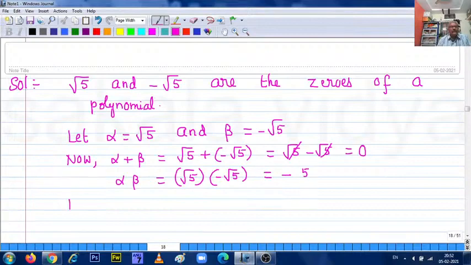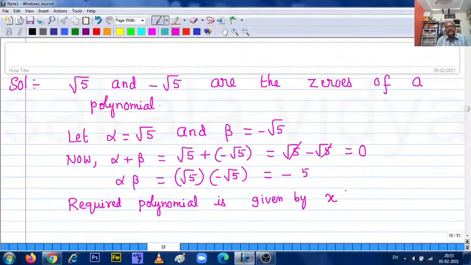Now the required polynomial is given by k times x square minus of alpha plus beta into x plus alpha beta. Better write down k times.